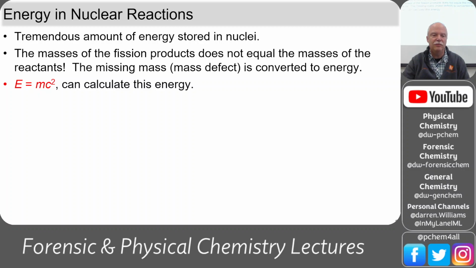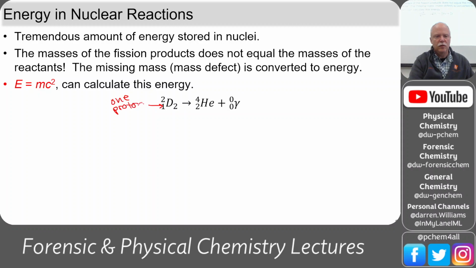So we have this reaction. So we have heavy hydrogen, so 2 deuterium atoms. You know it's hydrogen, even though it says D, because it has this 1 proton there. So 1 proton. So that's the atomic number.